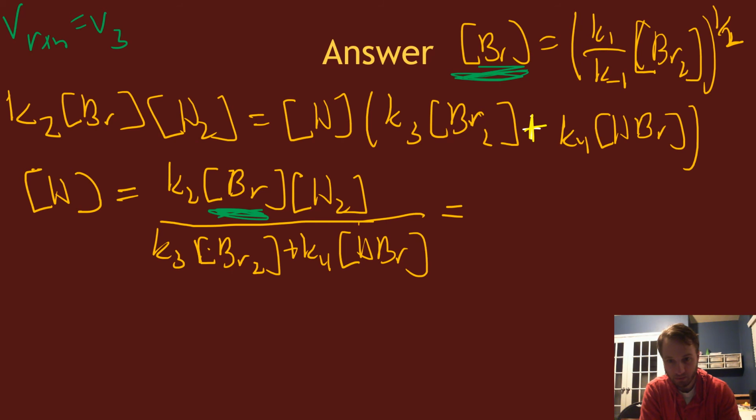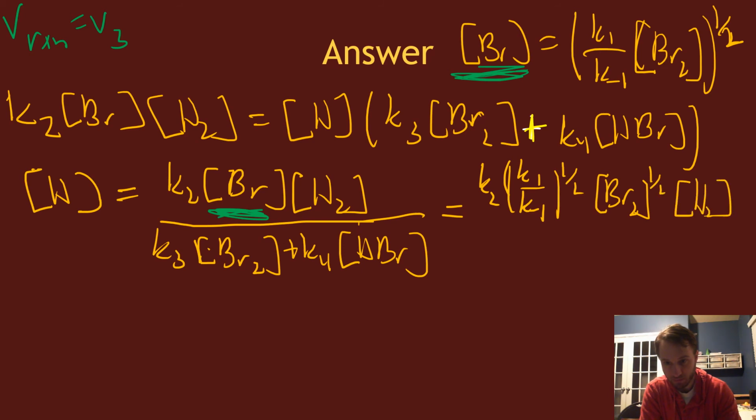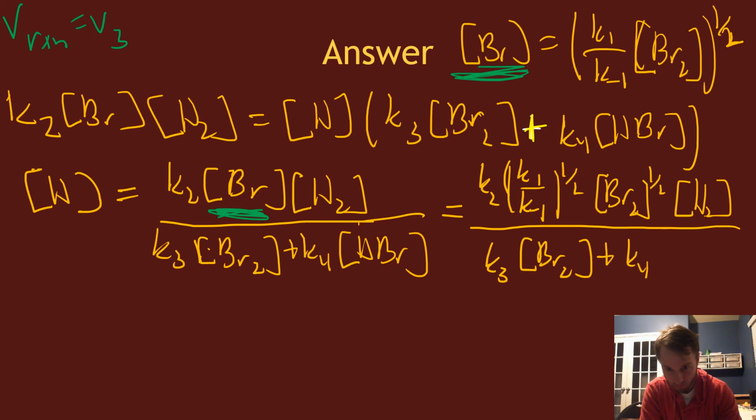this comes out to be k2 times (k1/k-1) to the 1/2 times [Br2] to the 1/2 times [H2], all divided by k3[Br2] plus k4[HBr].